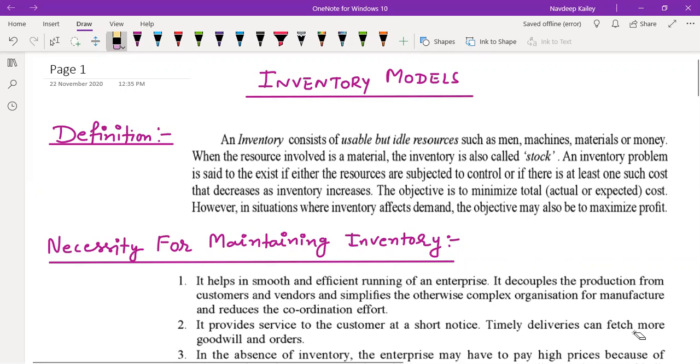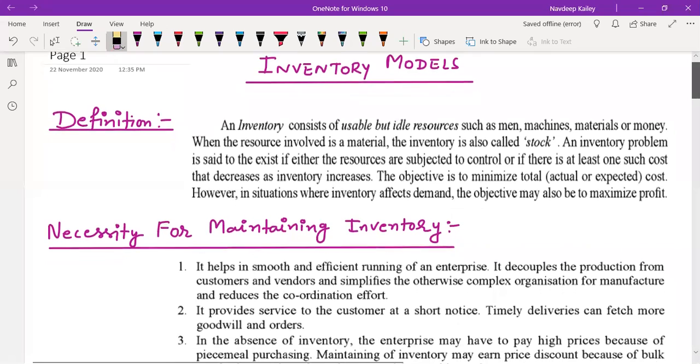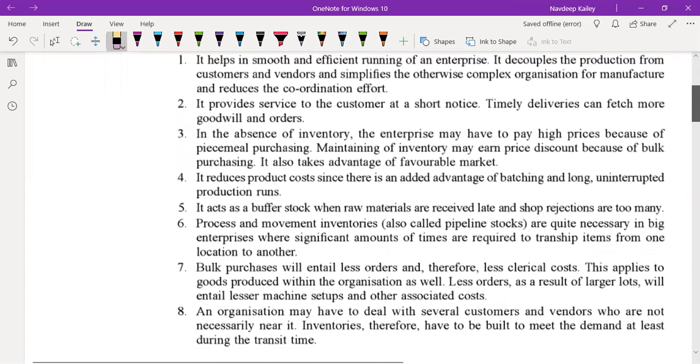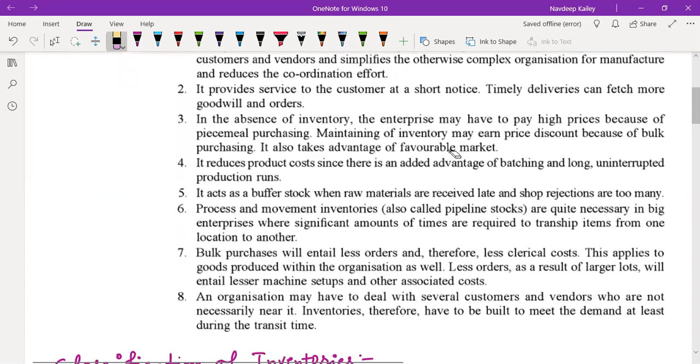Timely deliveries can fetch more goodwill and orders. In the absence of inventory, the enterprise may have to pay high prices because of piecemeal purchasing. Maintaining an inventory may earn price discount because of bulk purchasing. It also takes advantage of a favorable market.